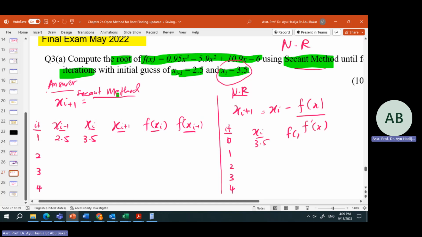This one also, if you find it helps your calculation, you can just put the column here.